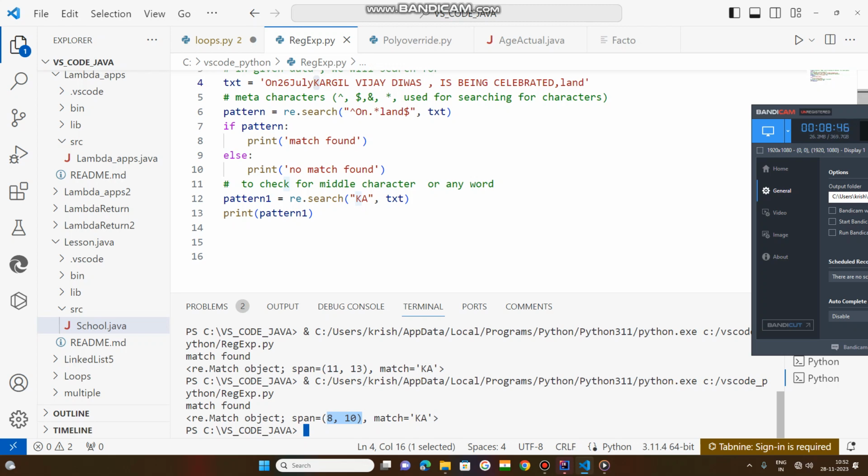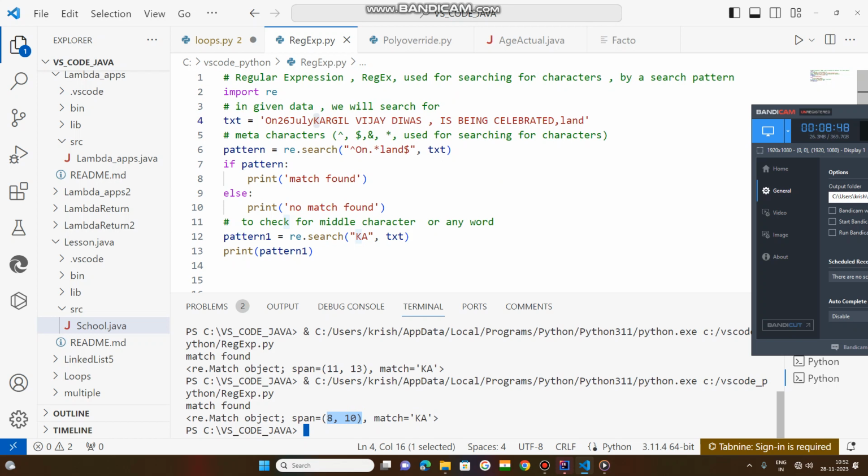And after that I want to say one more thing: I have used this meta character dollar symbol. If I remove this star, then what happened? Now you run this one.